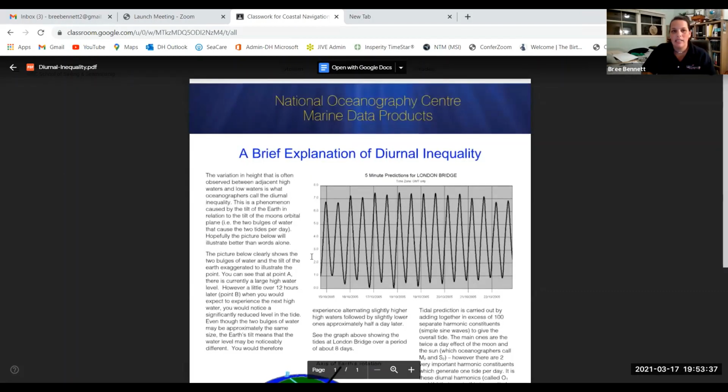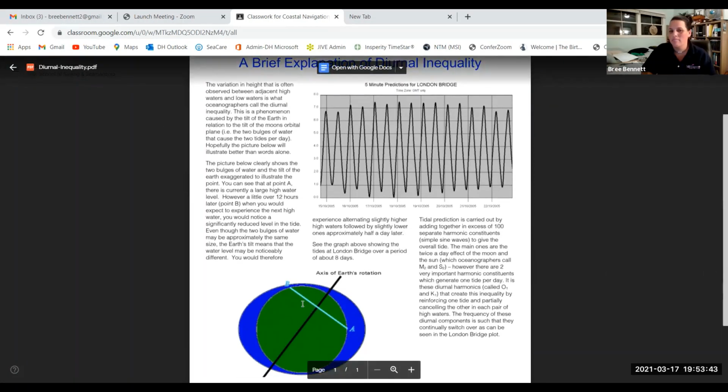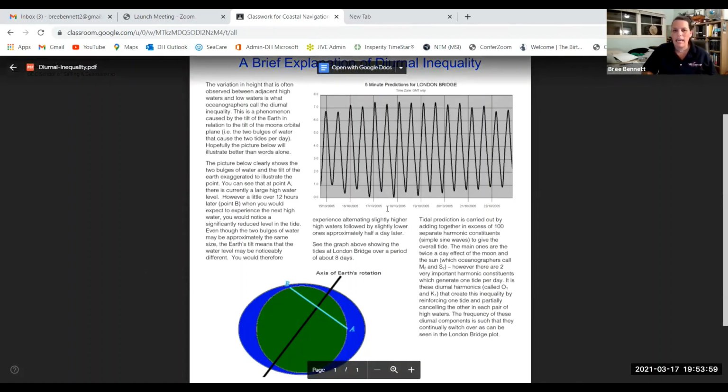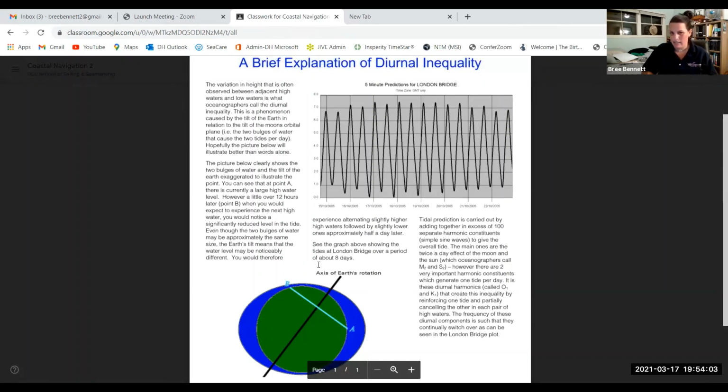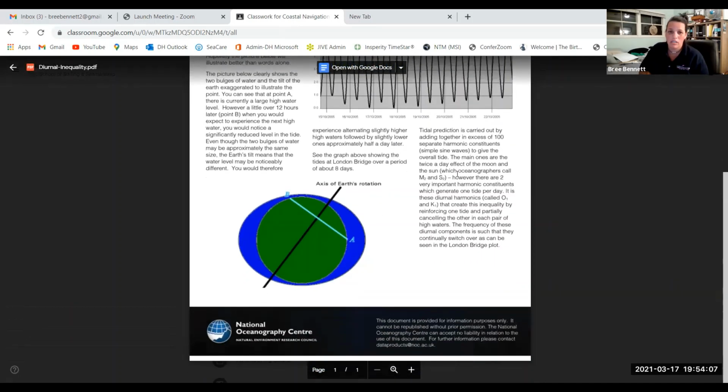But I did find a little explanation on diurnal tides, and because of the axis of the Earth, how we have some differences between the east side of the northern Atlantic versus the east side of the Pacific, which is us, we don't have that same mixed tides, kind of with the axis of the Earth, and that is why there are mixed tides.